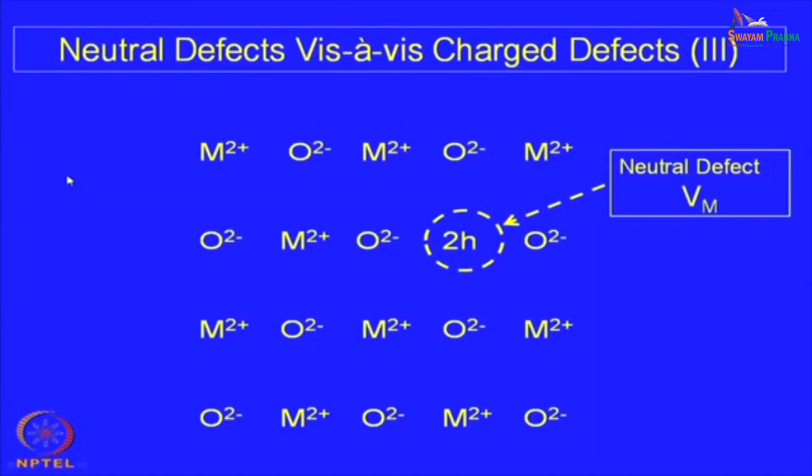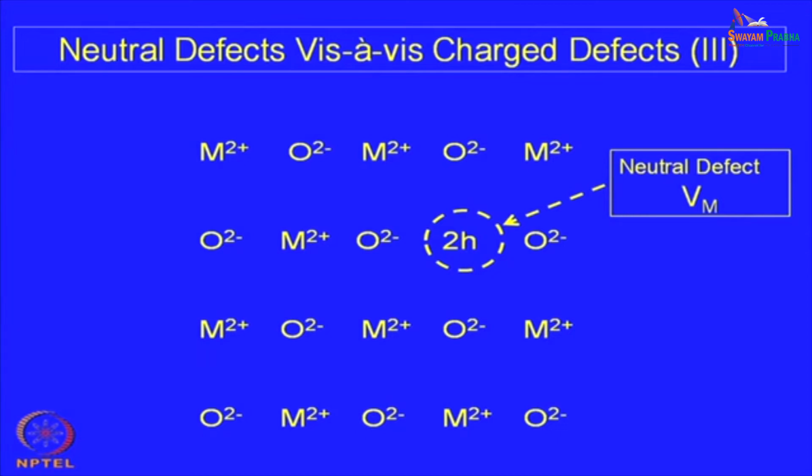In the same manner, it can be the other way also, a metal vacancy, a neutral vacancy, and it has left behind here two holes. Okay. From the concept of semiconductor physics, we have electrons and holes.